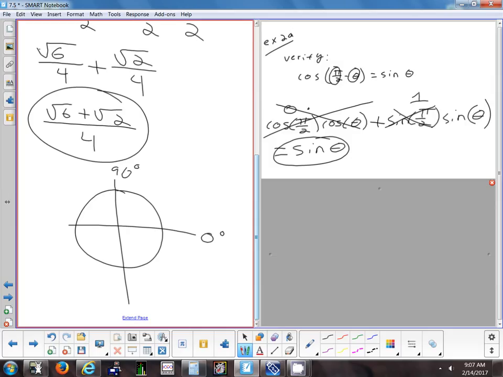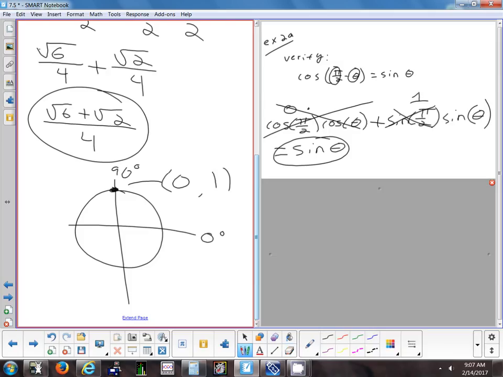This is 90. That's the coordinate for 90. What would the coordinate be for that? 0, 1. Well, we know it's 0 something. We don't know how high. I thought we were doing a unit circle. But yeah, we could do it on a unit circle. Doesn't really matter.